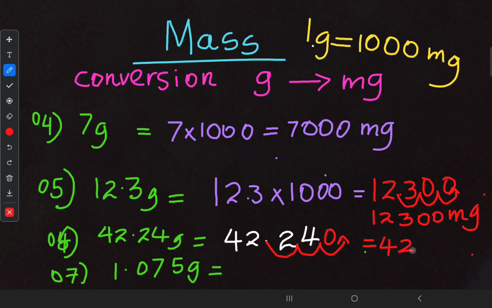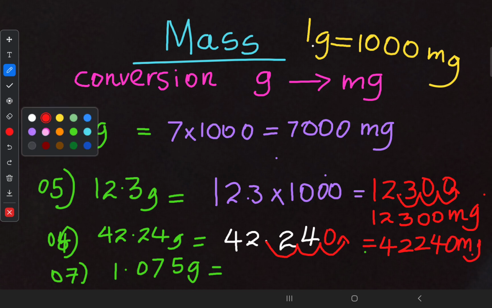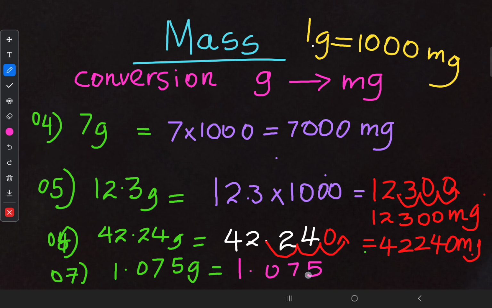So 42,240 milligrams is going to be your answer in this case. For our last question, 1.075. Let's move our decimal 3 digits: 1, 2, 3. So this one became 1075 milligrams. That's going to be your answer.